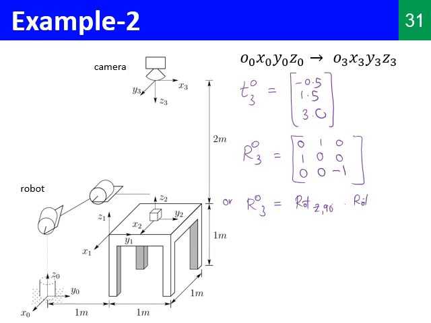So since we are using the current frame, it will be post multiplication. So we first rotate about this z-axis 90 degrees, so x would come here and y would go there. Then we would rotate about this new x-axis 180 degrees. So Z will come down and Y would come in this direction, right?